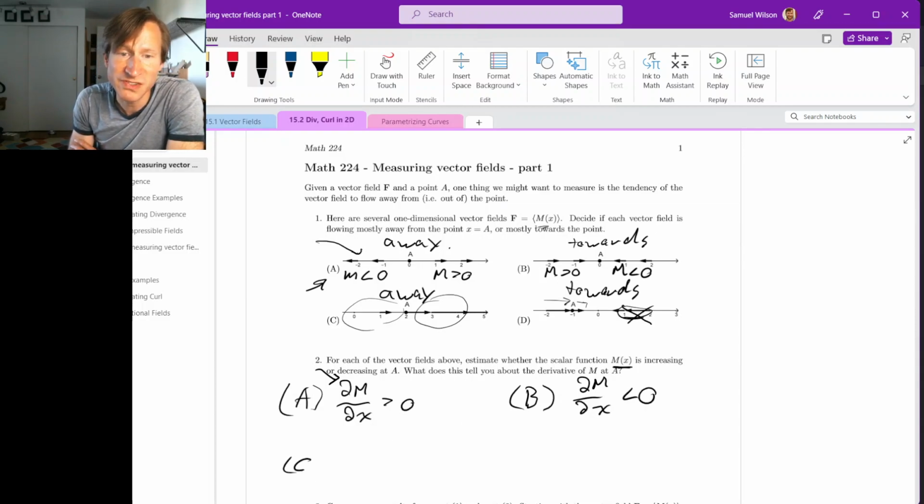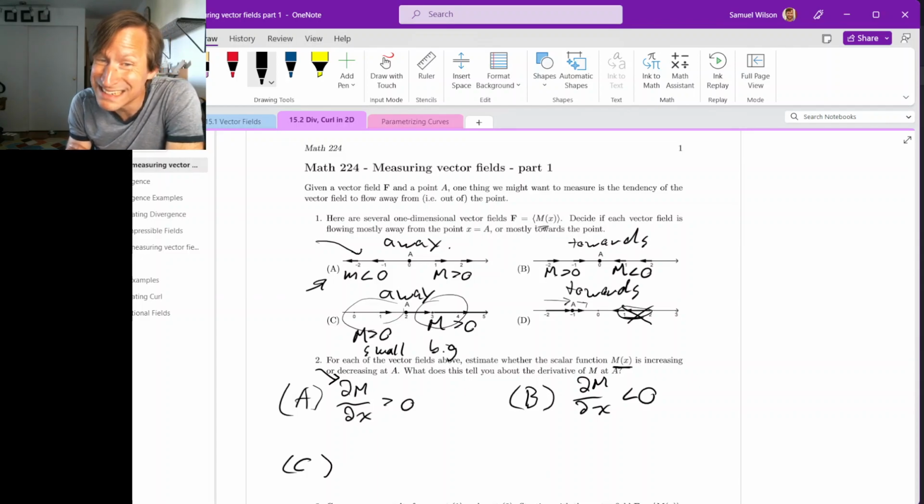Okay, for example C, m is positive to the left of A, but it's small. And to the right of A, m is positive still, but it's bigger. Right? So as we move through A from the left to the right, m is always positive, but it's increasing still because it's going from small to big. And that means that this derivative, partial m partial x, must be positive still.